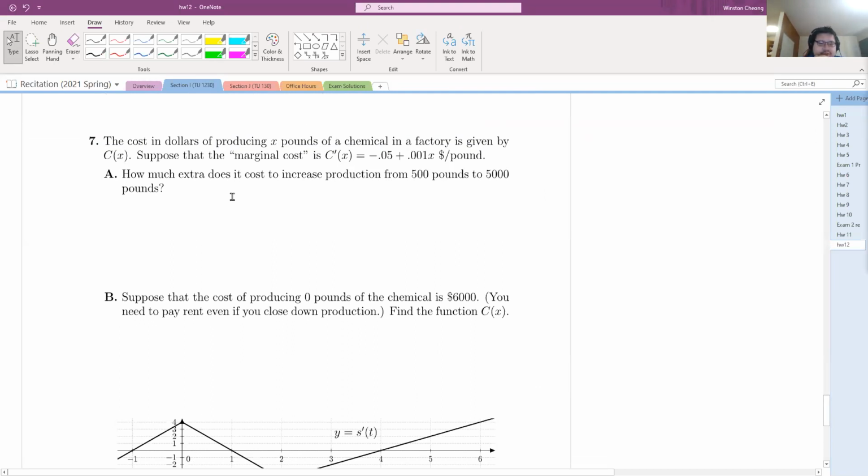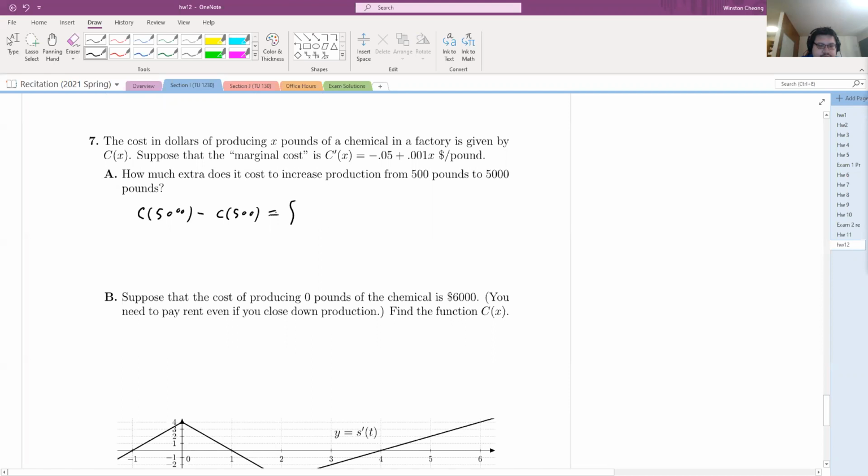How much extra does it cost to increase the production from 500 to 5,000? The normal way you would write this is C of 5,000 minus C of 500. That would measure how much the additional cost actually is.